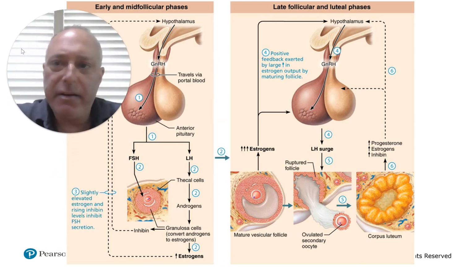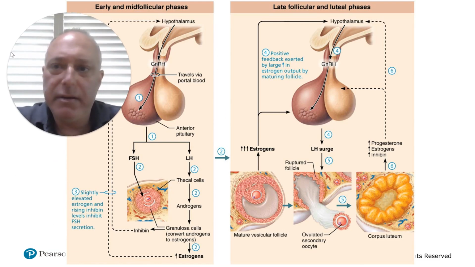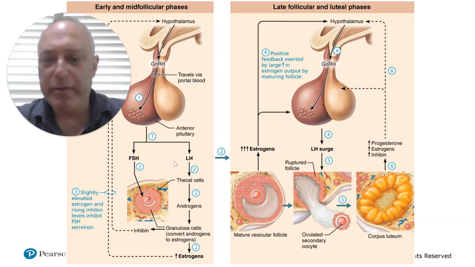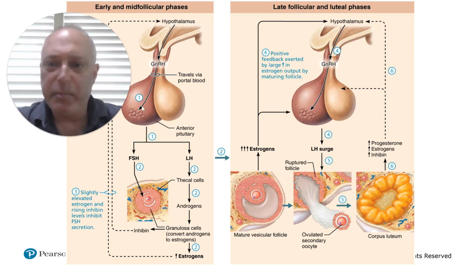So if we look at the different phases, we've got follicular phase and luteal phase. I'll show you in another picture that is a little bit easier to understand, but let's look at the hormones that are responding. Let's start with gonadotropin releasing hormone from the hypothalamus, leading to FSH and LH from the anterior pituitary.